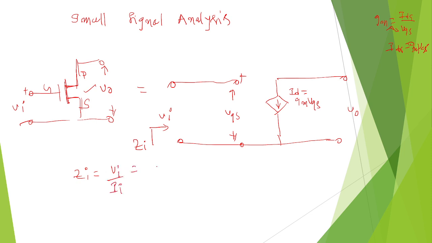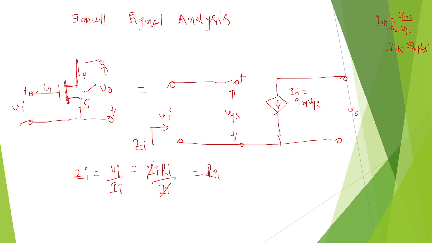But VI equals II into RI, so VI by II, II cancels, leaving RI. What is the input impedance across this? The input impedance is the internal resistance we need to find.